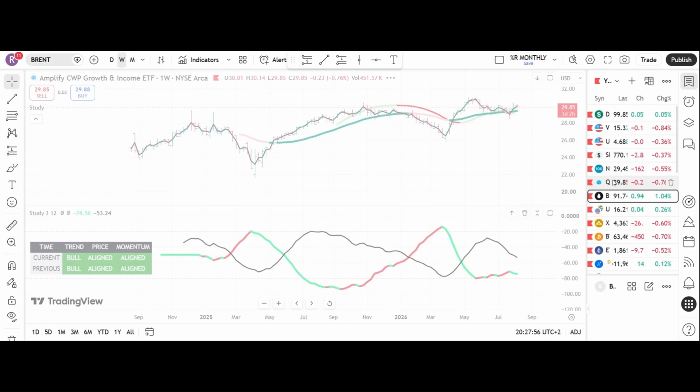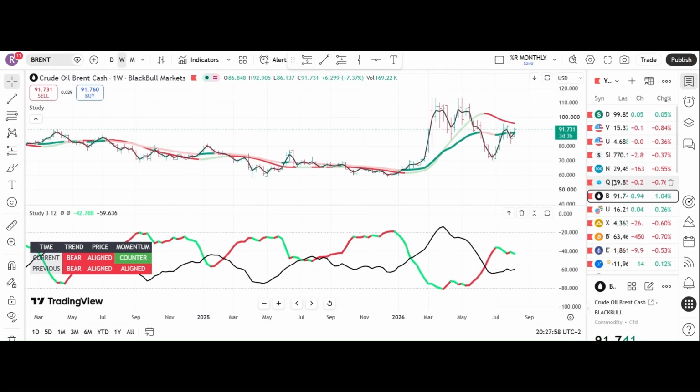Let's look at oil. And we see that oil is still in that bearish trend. Price is aligned with the bearish movement, but we see there's a counter trend, a bullish counter trend in the momentum.